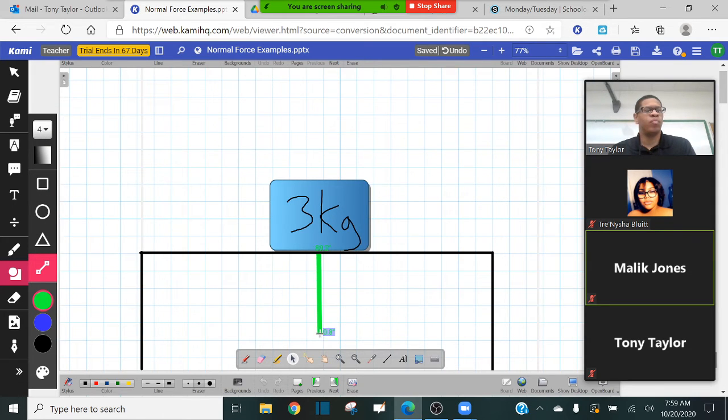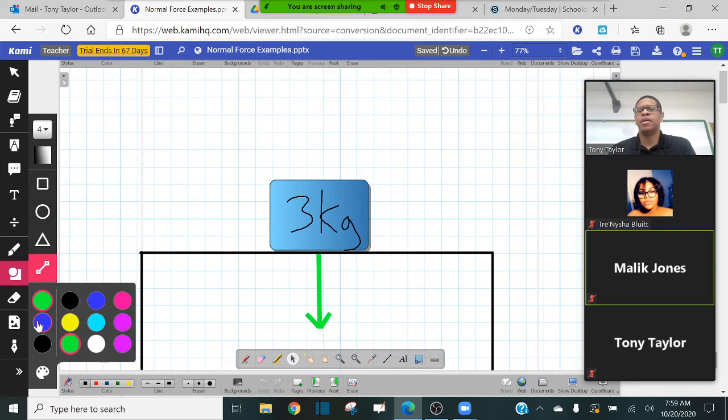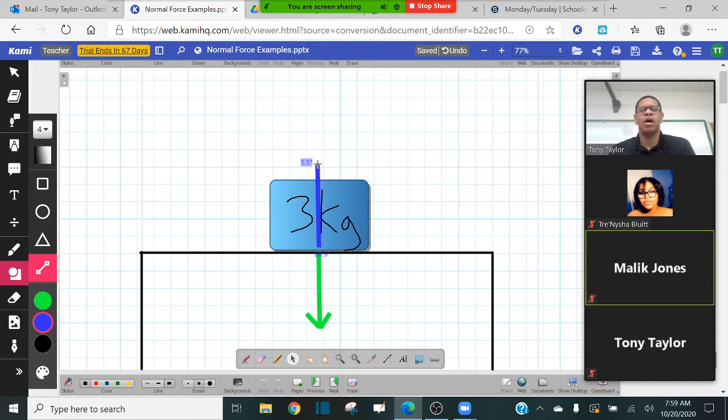But in addition to the force of gravity, there's also a normal force from the table pushing up on this blue box. And I'm going to do my best to draw these arrows roughly equal so that you guys can see that these forces are balanced. These forces have to be balanced because this box is not moving. It's not accelerating in any direction.